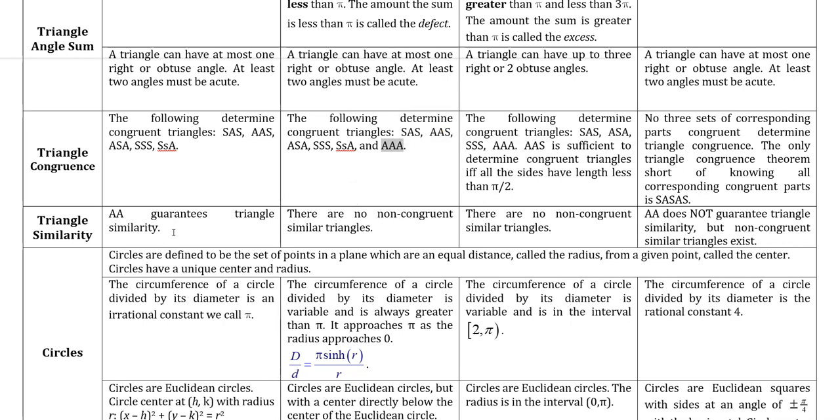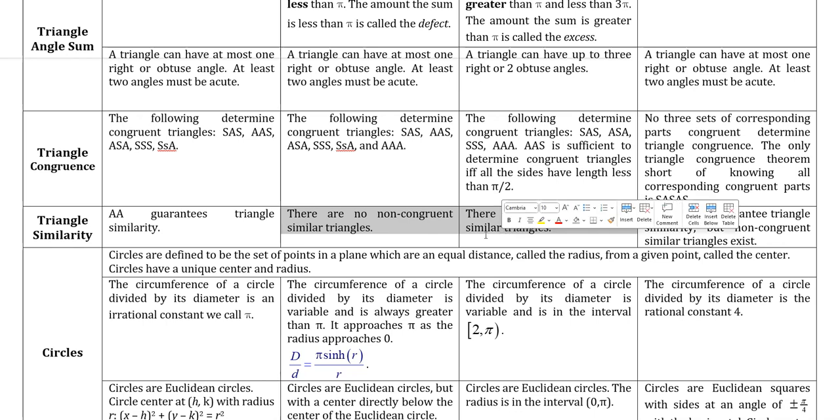Similar triangles are triangles which have all the corresponding angle pairs congruent and the sides proportional. So the only way to get similar triangles in both hyperbolic and spherical geometry is that they have to be congruent. So really, similar triangles doesn't really apply there.